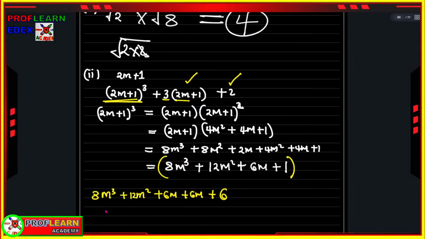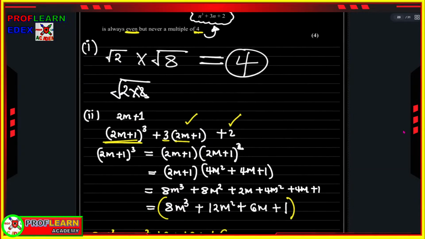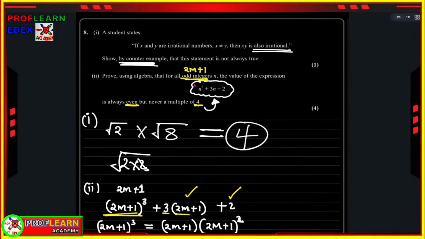So our final answer becomes 8m cubed plus 12m squared plus 12m plus 6.